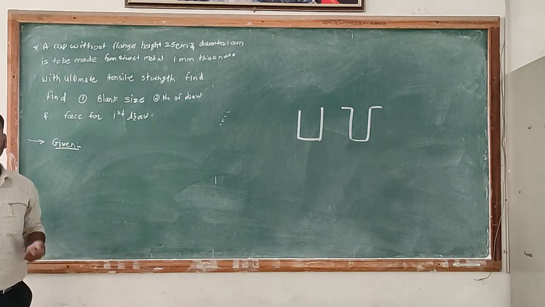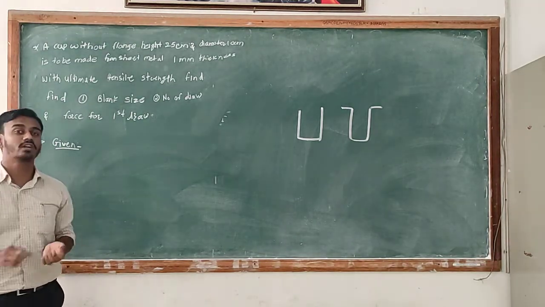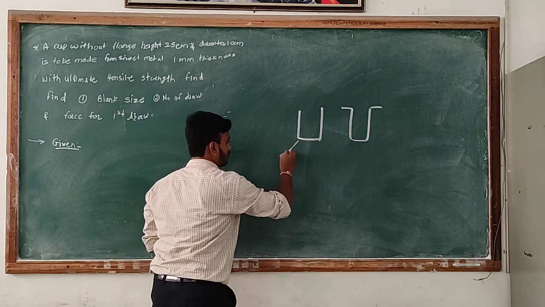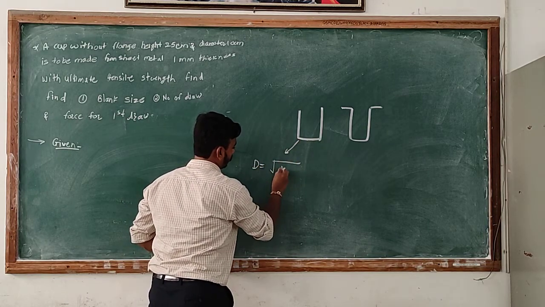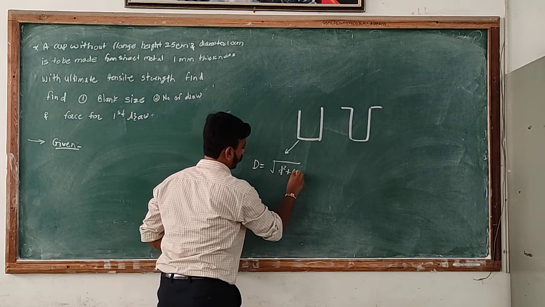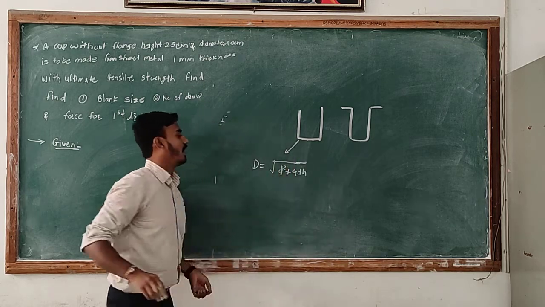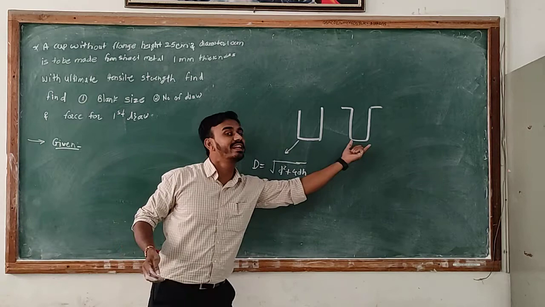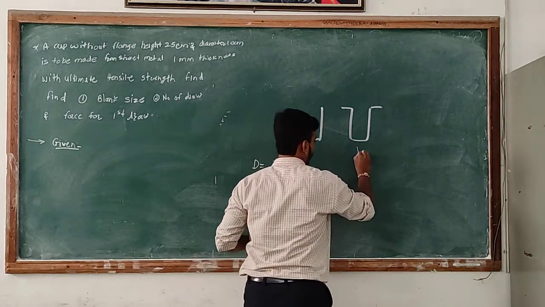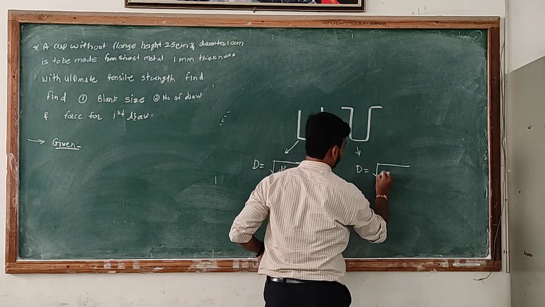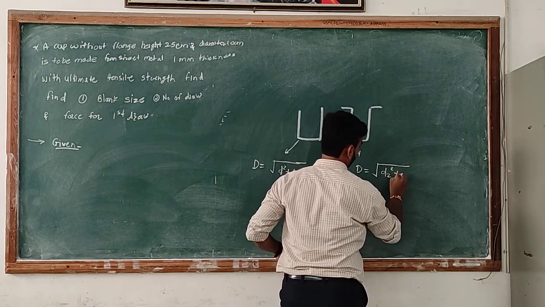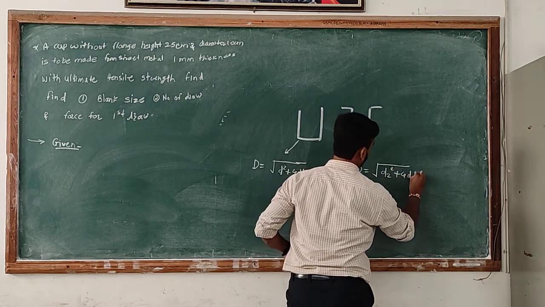For without flange, the formula is capital D is equal to square root of d square plus 4dh. And for with flange, capital D is equal to square root of D2 square plus 4 D1 into h.